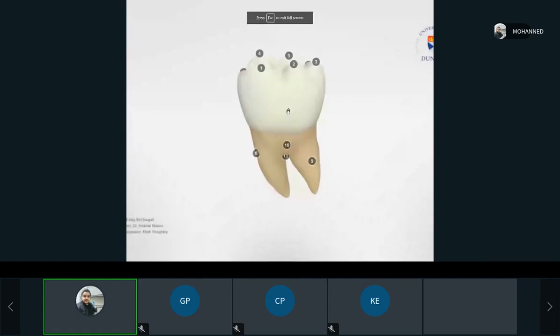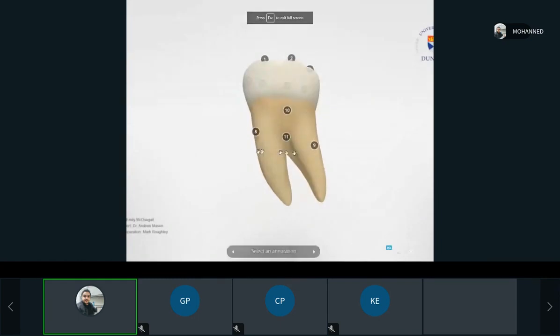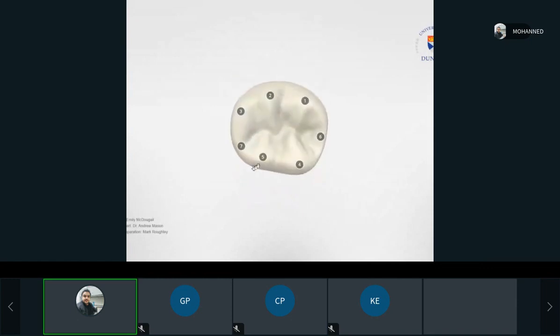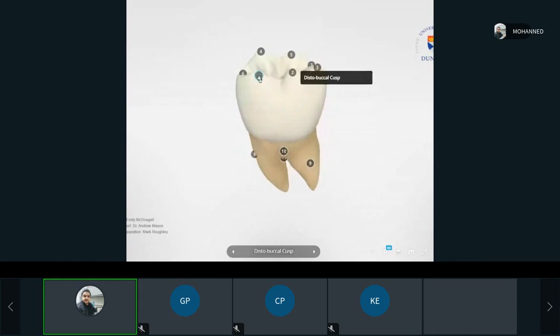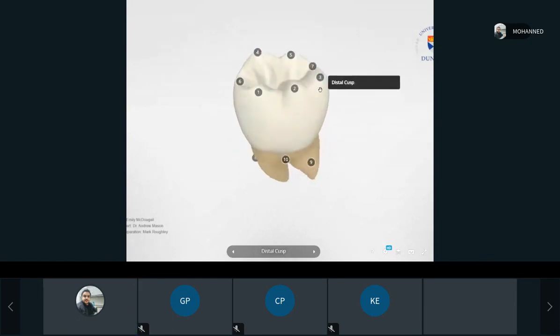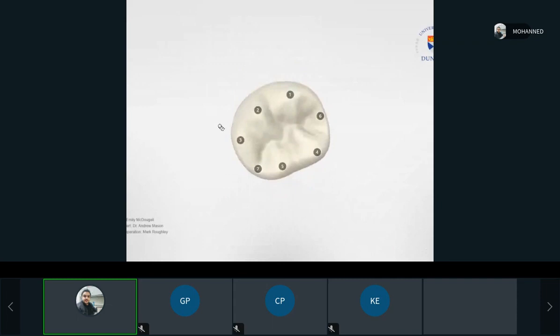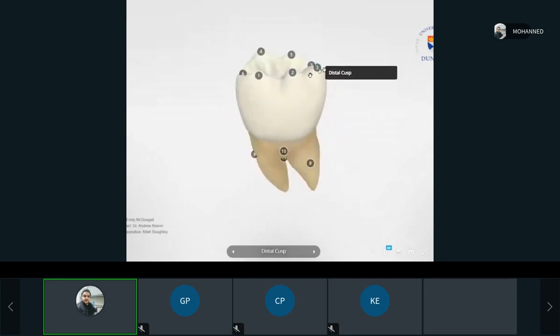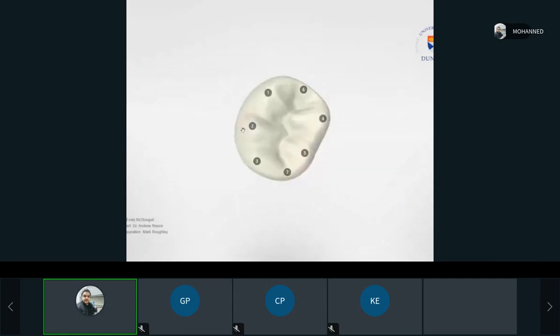So first of all, definitely we have how many roots? 2 roots, right? And then if we look at the cusps, how many cusps do we have? 1, 2, right? 3, 4, and then 5. So these are the major cusps, 2 buccally and 2 lingually, and we have 1 smaller minor distal cusp. That is usually also a non-functional cusp.